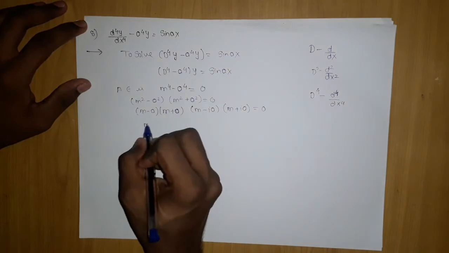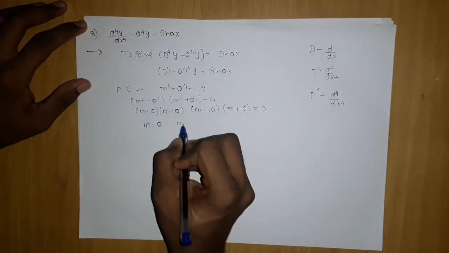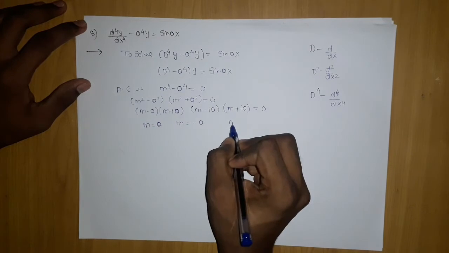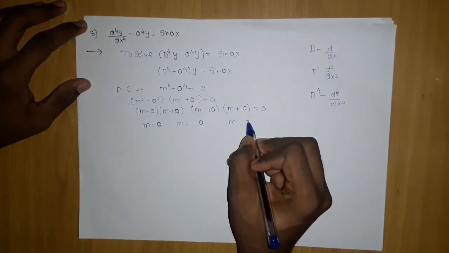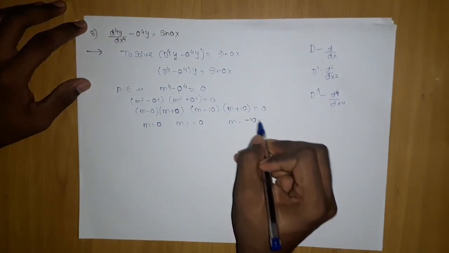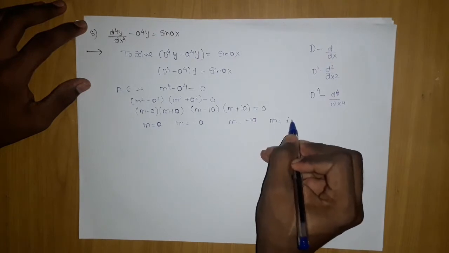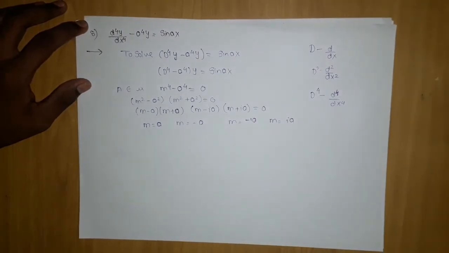We are getting finally m equals a, m equals minus a, m equals minus iota a, m equals iota a.